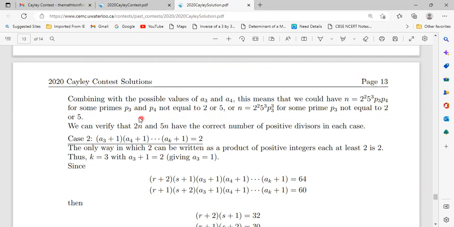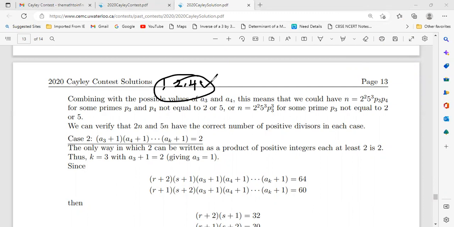And we knew that P3, P4 is not equal to 2 or 5, and N is equal to 2 raised to the power 2, 5 to the power 3, and P3 to the power 3 for some prime P3 not equal to 2 or 5. We can verify that 2n and 5n have the correct number of positive divisors in each case. See, we do have three things, 1, 2, and 4. So we have to verify all these three cases, okay?